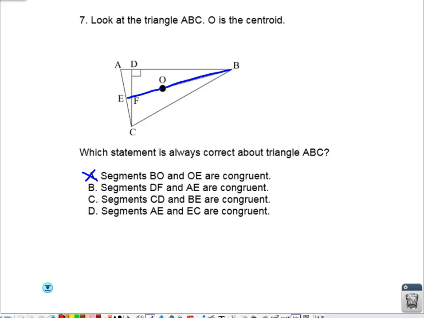Is segment DF and AE? DF is the distance from here to here. AE would be the distance from there to there. DF and AE, would those be congruent? I don't know, let's come back to that. Segment CD and BE are congruent.